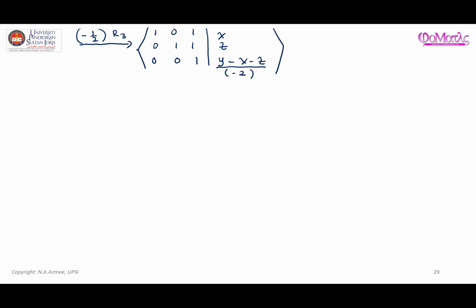So here is the final look of our augmented matrix in its simplest form. Referring to this last part, C3 is equal to y minus x minus z over negative 2, which can be written as x plus z minus y over 2.